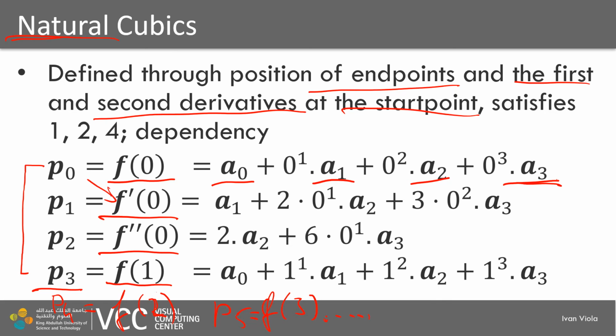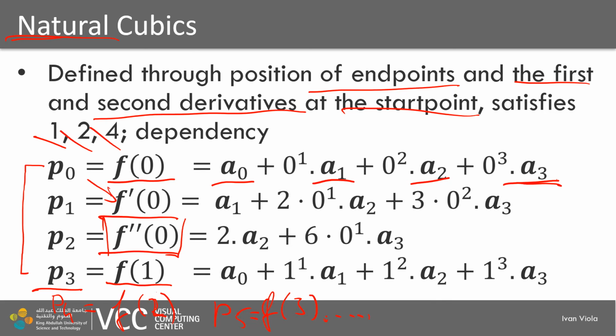And we can see that this natural cubic is satisfying the first property, the second property, and the fourth property. So it is formed by cubic functions, it is interpolative, and it is also of C2 continuity, because the second order derivative will be continuous in this case as well.